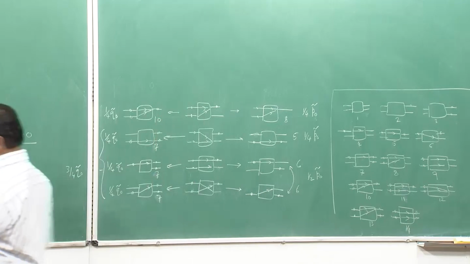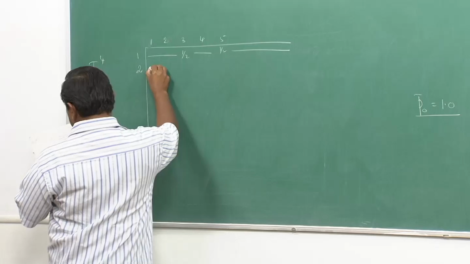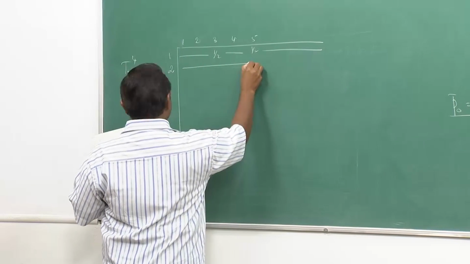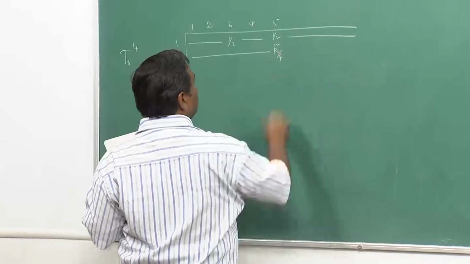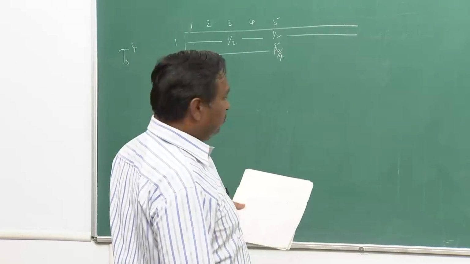So, let us put the values. So, 2 will correspondingly have at 5 P 0 by 4, which is true.